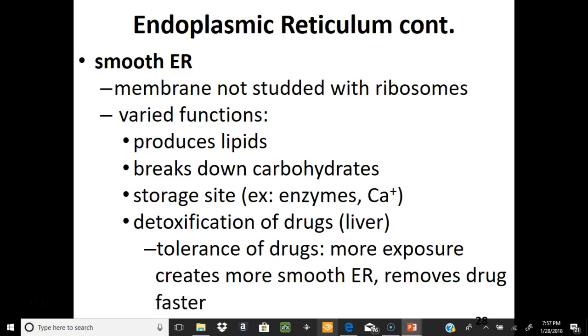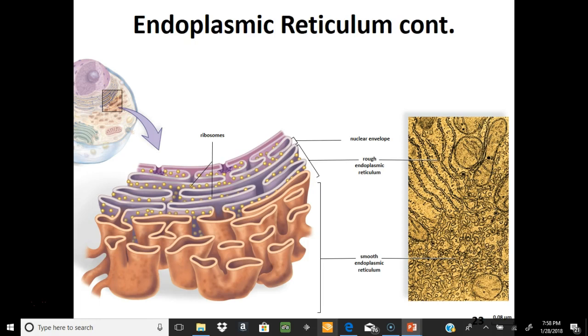It functions in detoxification, so it breaks down toxic chemicals. And so you'll see more smooth ER in regions like the liver, where we have toxic breakdown all the time. So our liver is kind of our protector of the body.